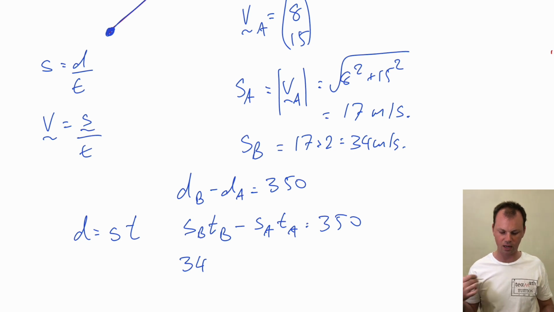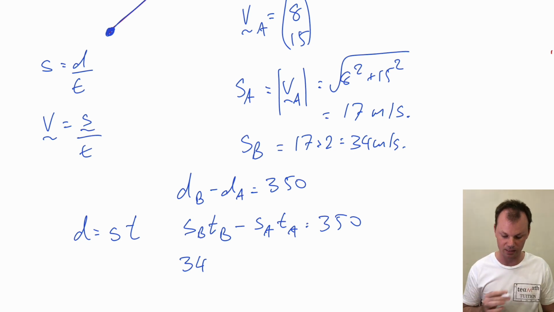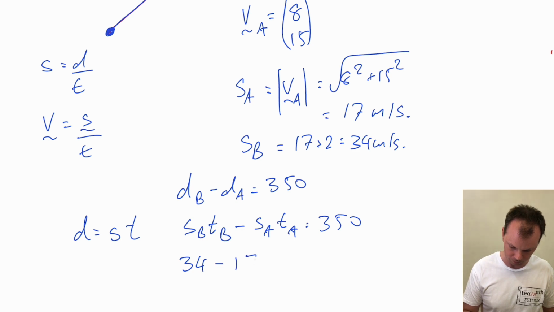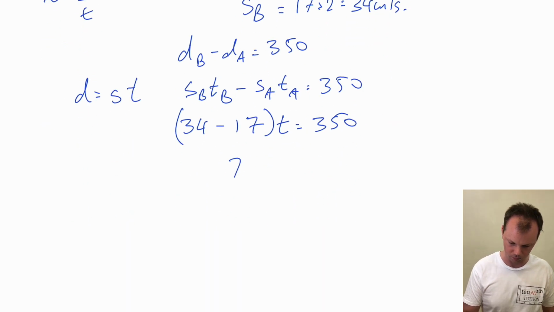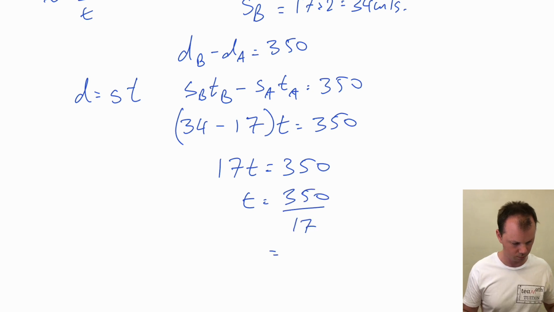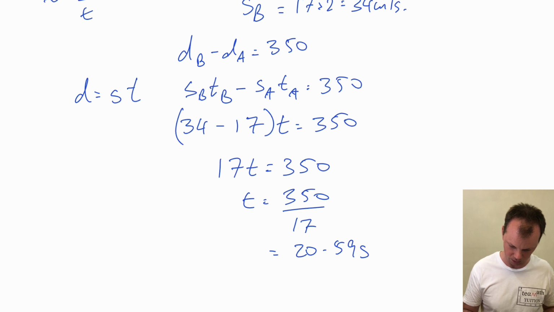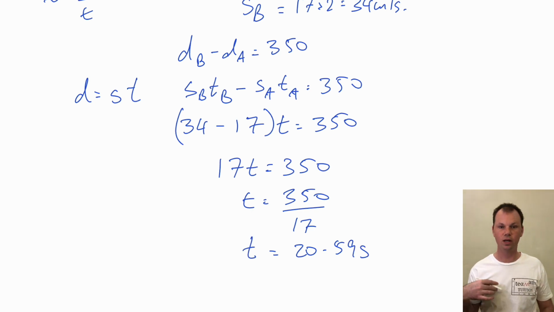Now the time of A and the time of B are exactly the same because they're leaving at the same point in time. And we get 20.59 seconds. So after 20.59 seconds, particle A and particle B will be 350 meters apart.